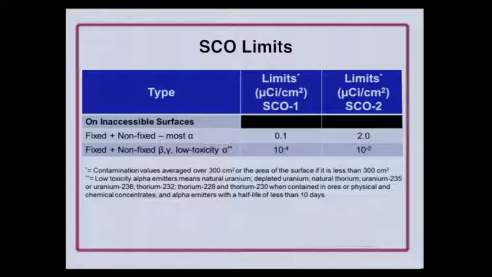And then there's inaccessible areas. This is internal surfaces, or areas where you can't get to, but you know it's contaminated in there. Fixed plus non-fixed. You'll notice that they combine the two. And that's probably because you can't actually get a good direct frisk and a smear survey of internal surfaces. Same footnotes apply.